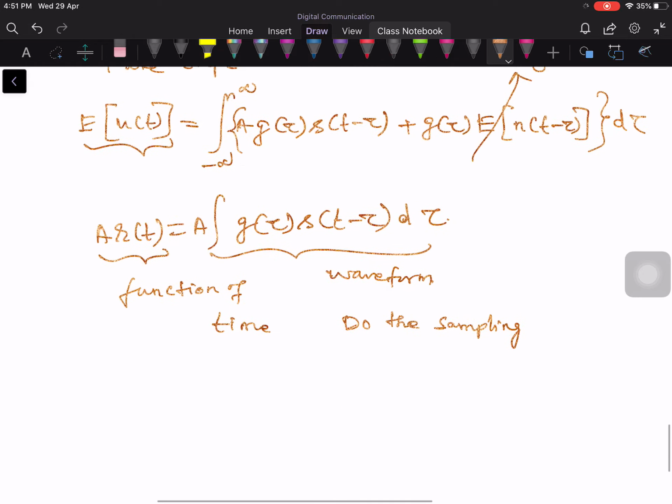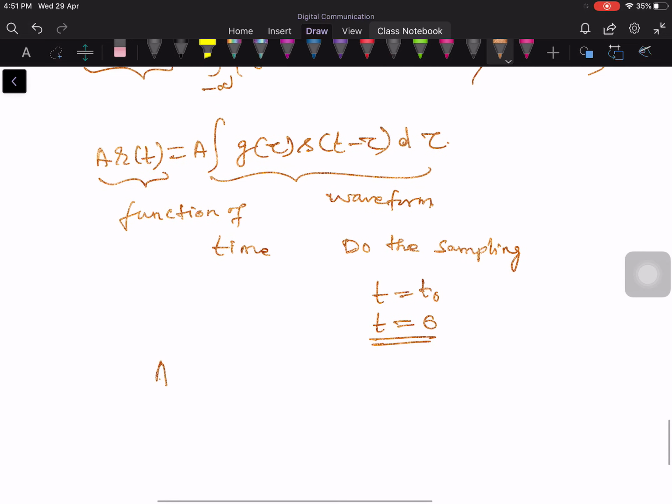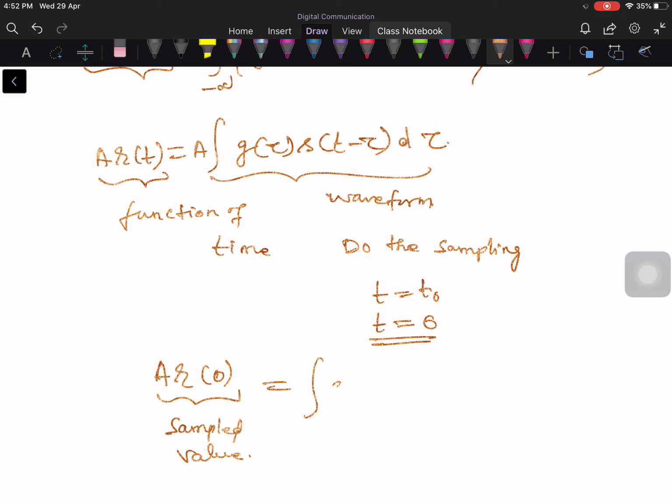Let us assume the sampling time instant t equal to t naught, and t naught equal to 0. If you substitute in the above expression, then A times r(0). So this is a sampled value, maybe a voltage, which is the integral of g(tau) times s(minus tau) d tau.